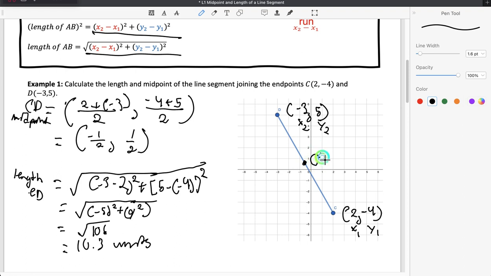So this is going to be (-1/2, 1/2), which is this. And here, our length is going to be that, and there we go. That's example 1.